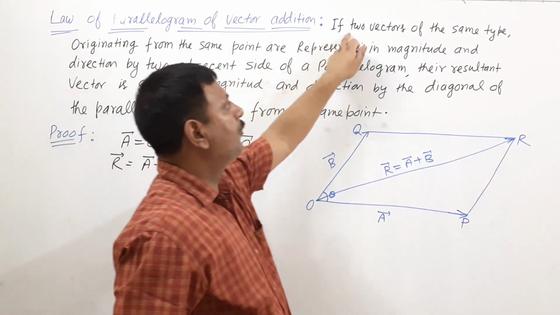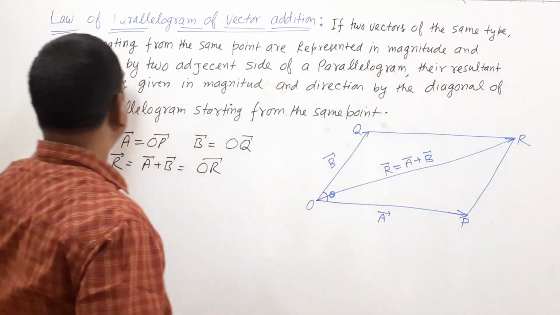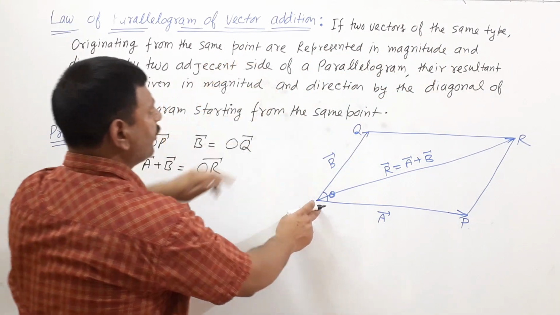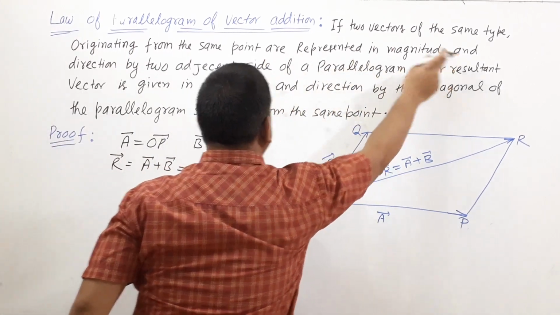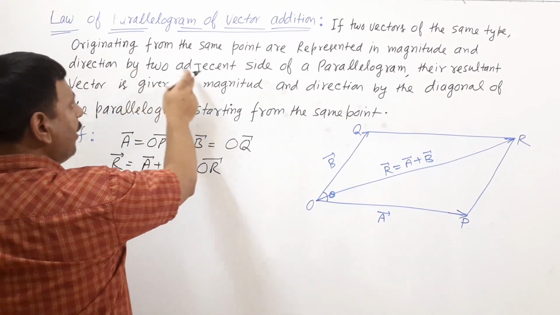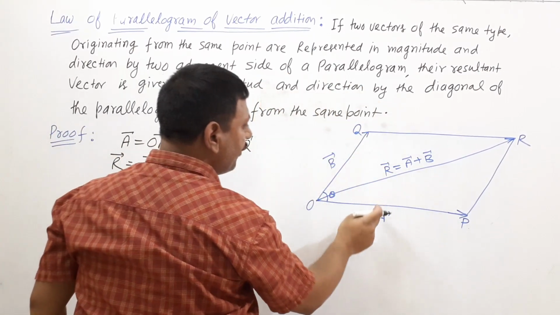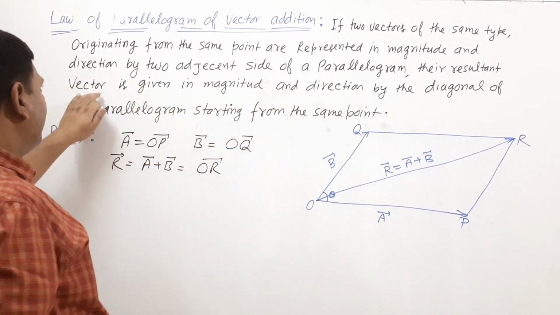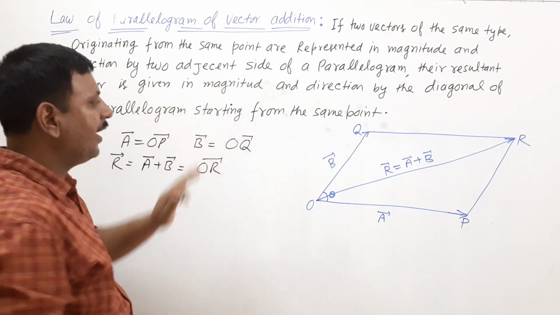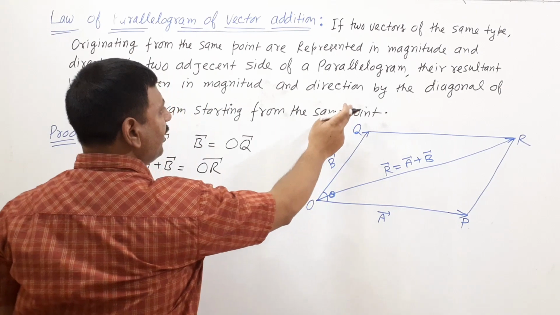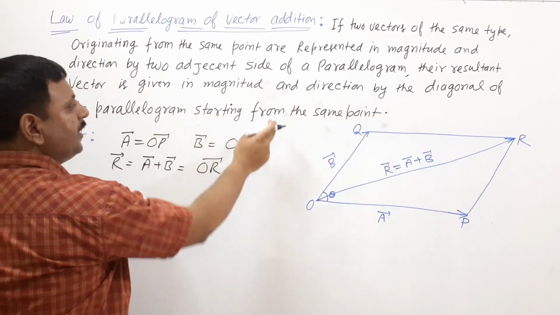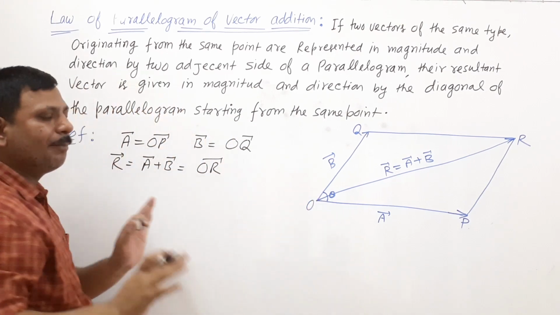See here, if two vectors of the same type originating from the same point O are represented in magnitude and direction by two adjacent sides of a parallelogram, their resultant vector is given in magnitude and direction by the diagonal of the parallelogram starting from the same point.